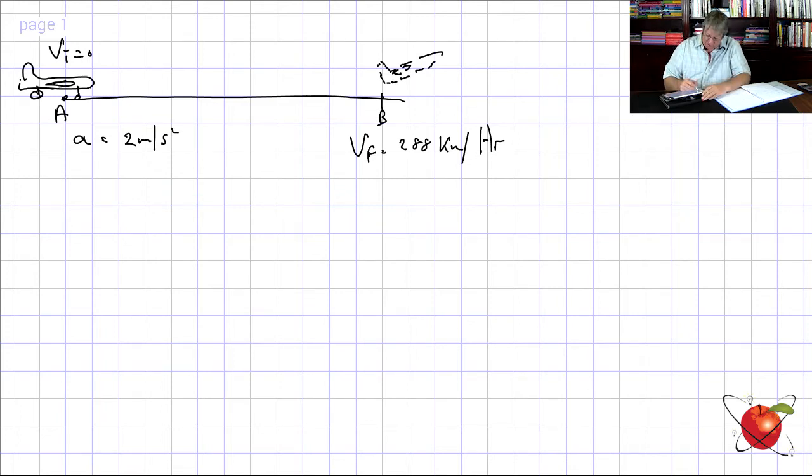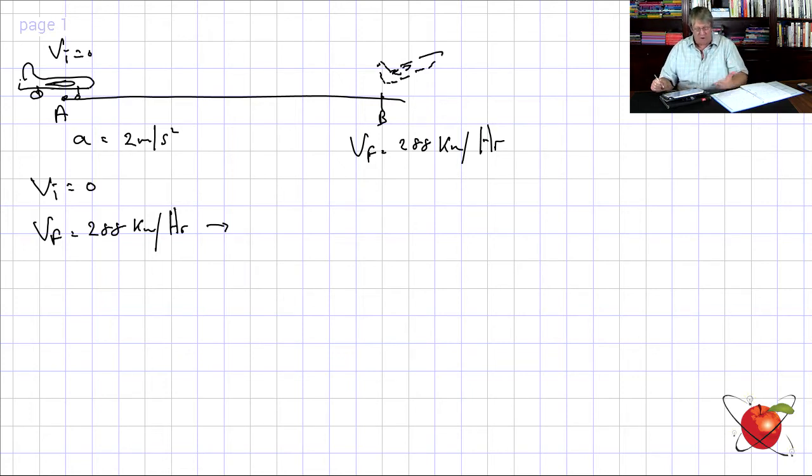What have we got? V initial equal to 0, V final equal to 288. What's wrong with that? What do we have to do with it? The units are wrong. It's kilometers per hour, so we have to change it to meters per second.